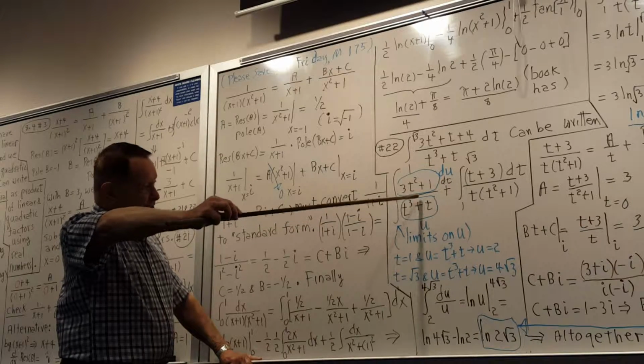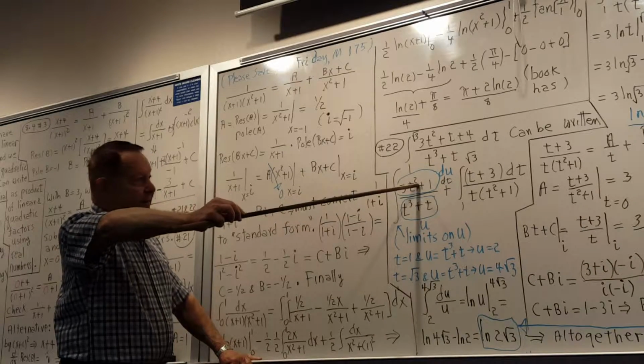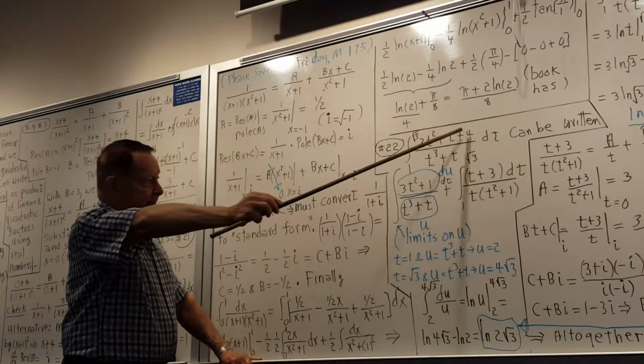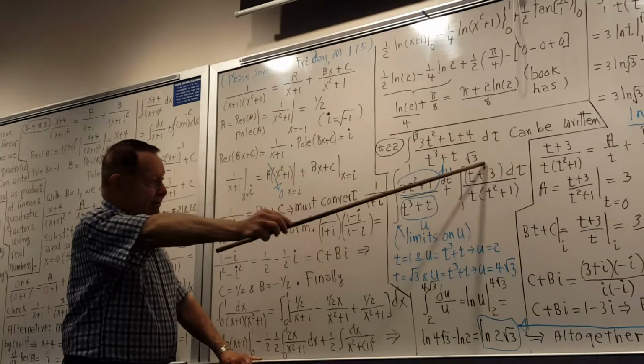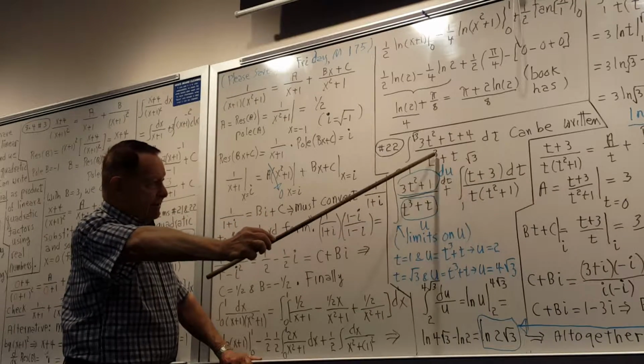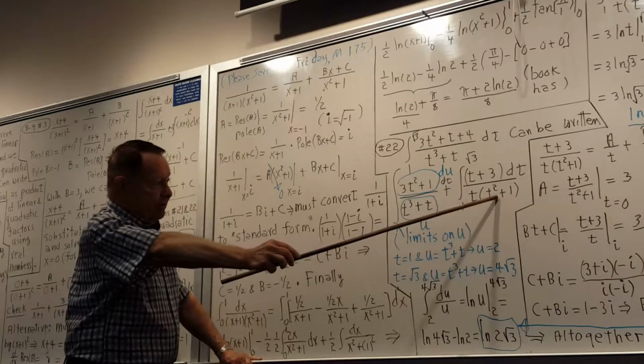Then if this is u, this is your du, and that would leave you this t and the other 3 out of the 4 over the original t cubed plus t, which you could write factored.